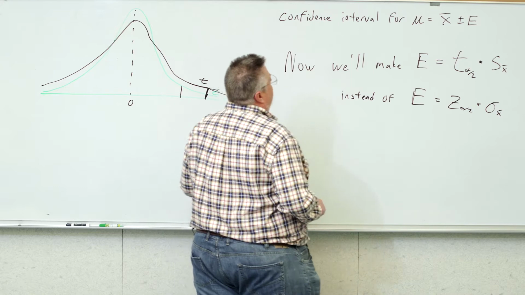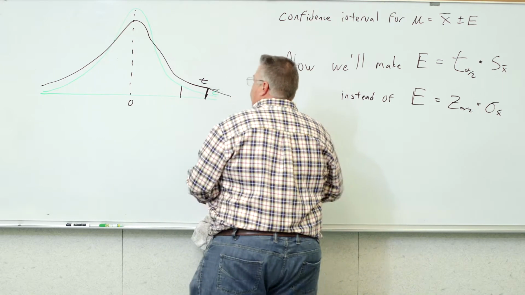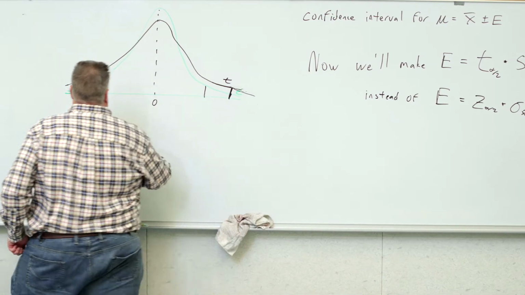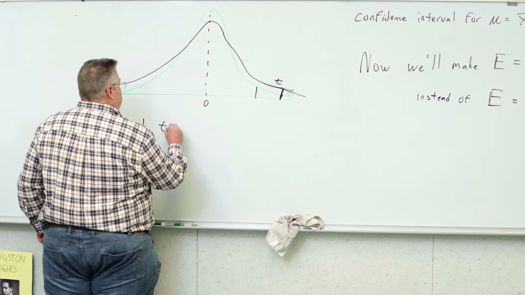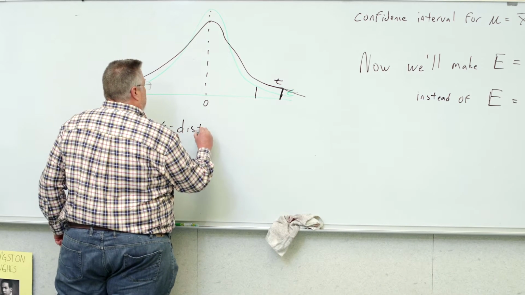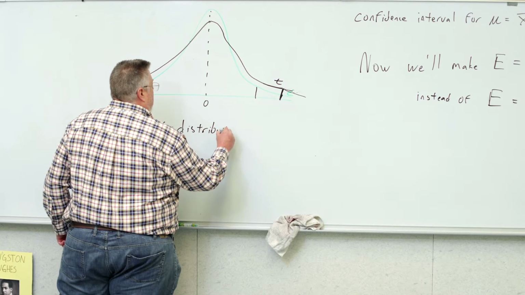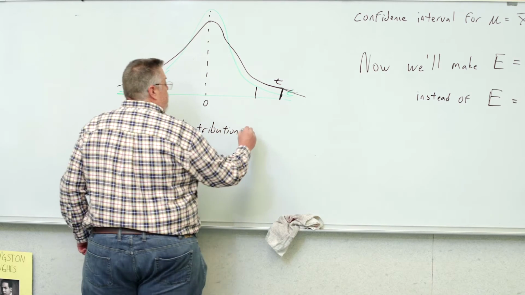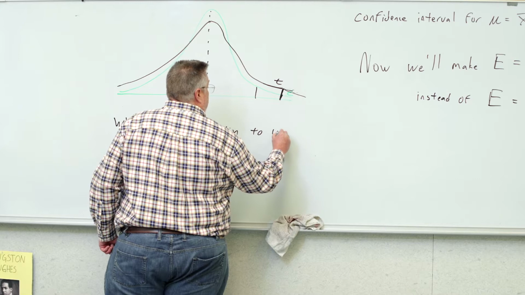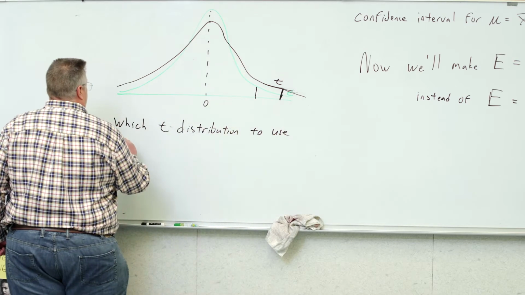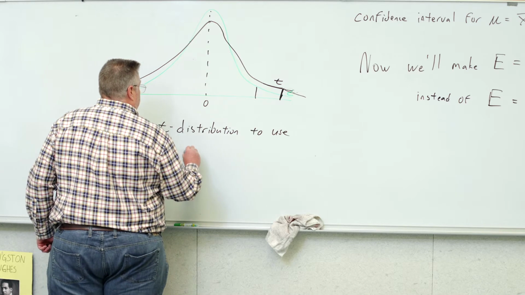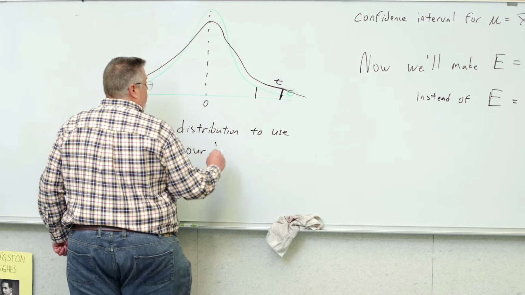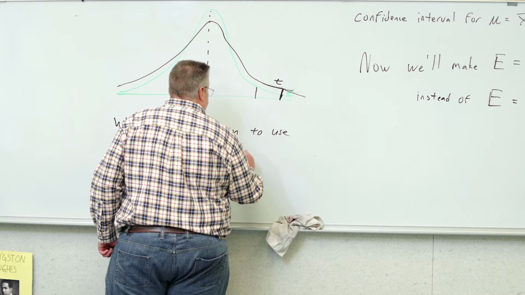There's many, many of them. And so we've got to decide which t distribution to use. Which t distribution to use depends on our new phrase for you, degrees of freedom.